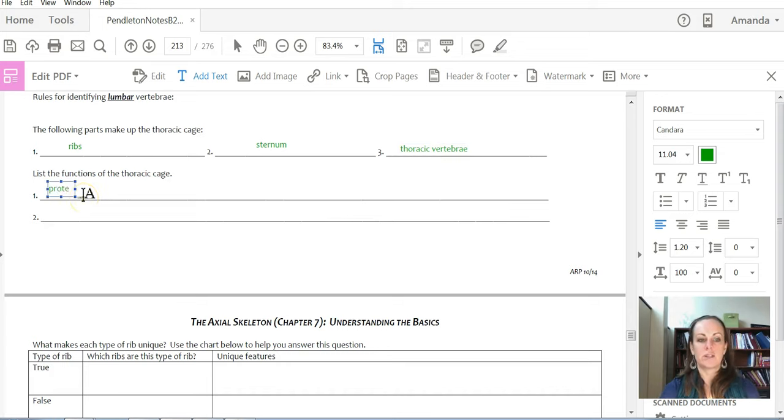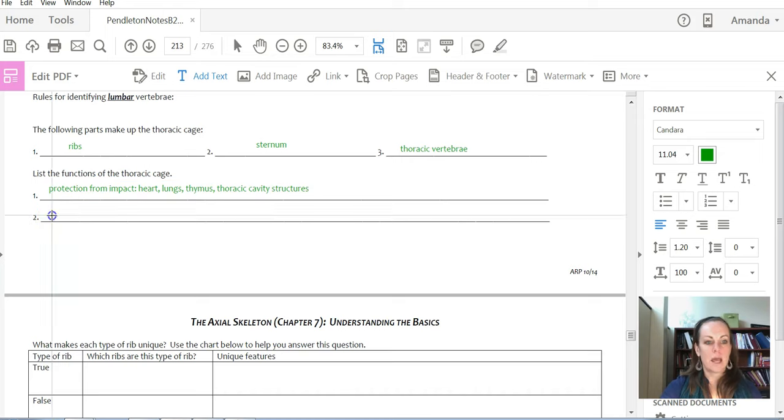Functions of this cage: it's going to protect things, protection from impact, and the following things will be protected from impact: the heart, the lungs, the thymus, and other thoracic cavity structures, a lot of your large vessels coming off the heart, some lymph nodes, different things like that. It's a pretty busy region in the thoracic cage.